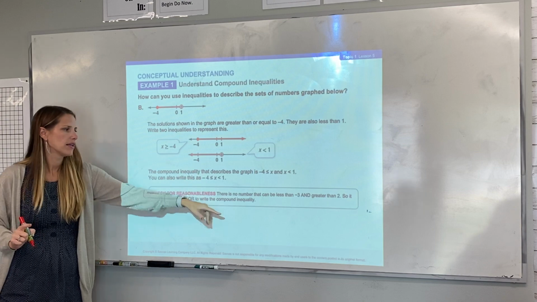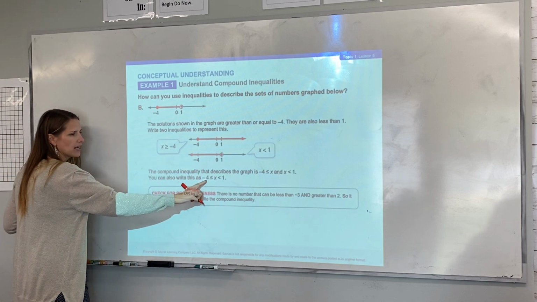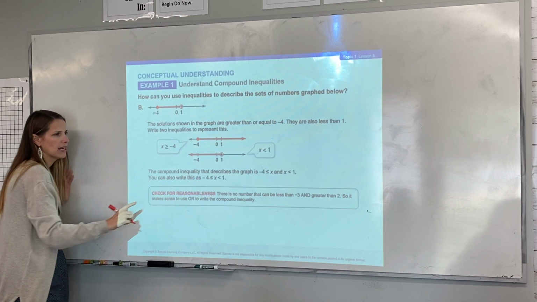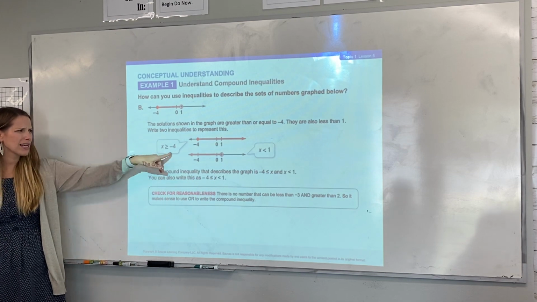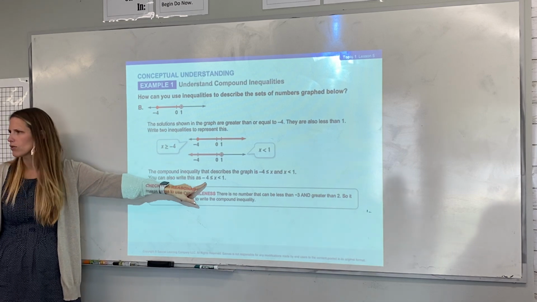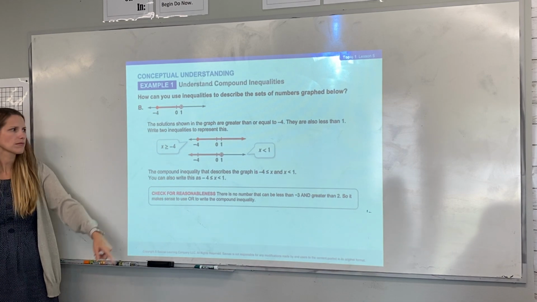Now, how do you write it? It's written like this: -4 is less than or equal to X. Now, how am I writing that? It says X is greater than or equal to -4. How can I switch that around? Just go from left to right.